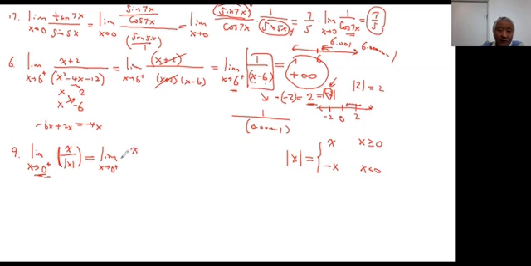The top is x, right? The bottom follows this definition. Should be just x, right? Because we know x is positive. When we delete the absolute value sign, we keep the x beside it. No problem? And then this cancels. That's just a 1.